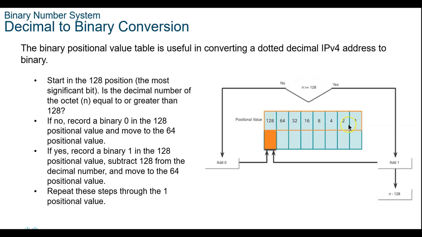You start out with 1, then you go to 2, you double 4, double 8, double 16, etc. This will play a part in subnetting. So remember that. The binary positioning value table is useful in converting a dotted decimal IPv4 address. So it shows you how to do it from decimal to binary conversion.